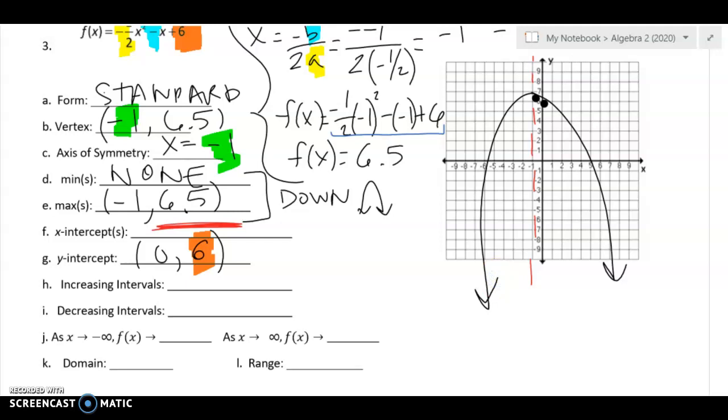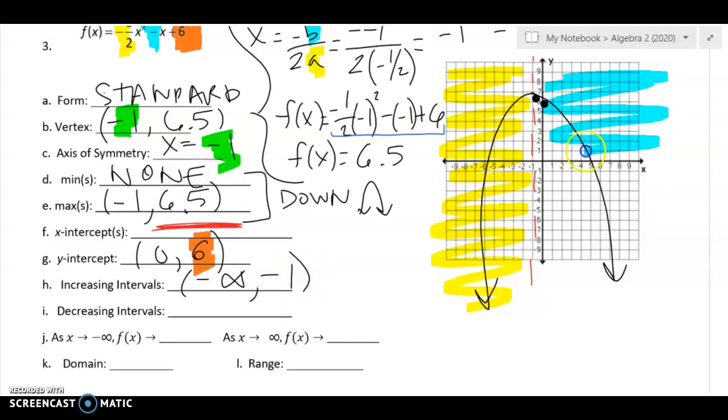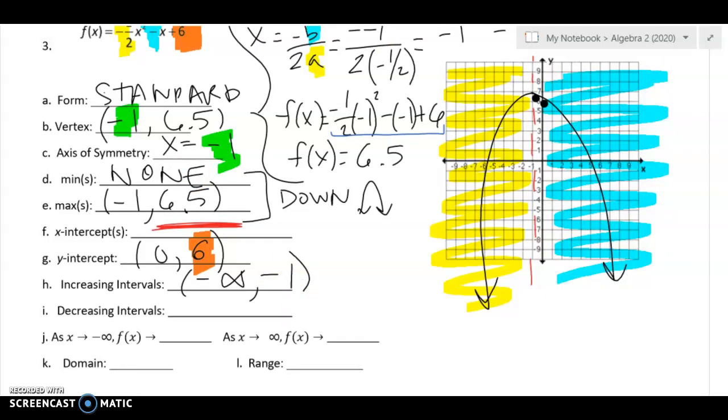So my graph is going to look something like this. My increasing interval is going to be over here on this left side where the yellow is. It is increasing from negative infinity until that axis of symmetry, which is at negative 1. It is decreasing on the other side, the blue side. That is from negative 1 to positive infinity. This next part, I know I keep saying other classes maybe didn't do it, is the end behavior.